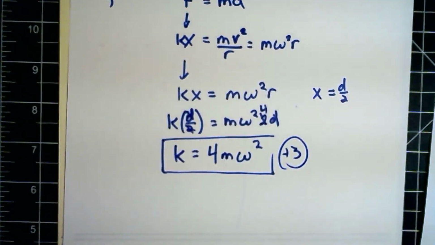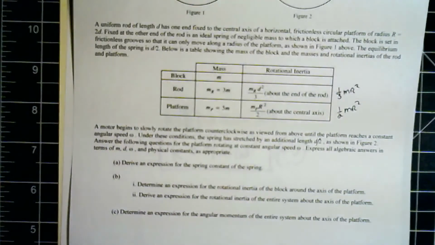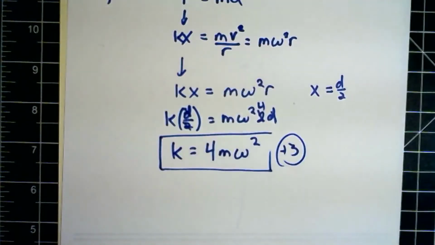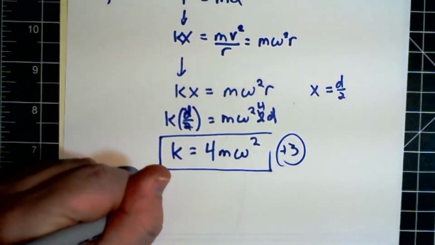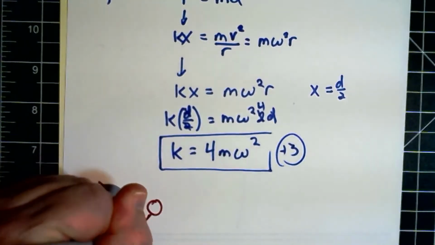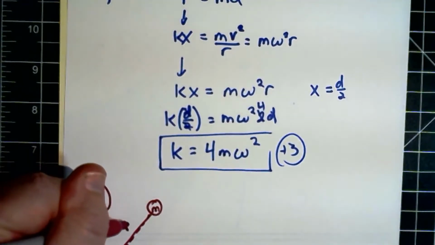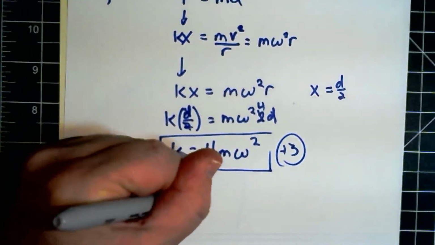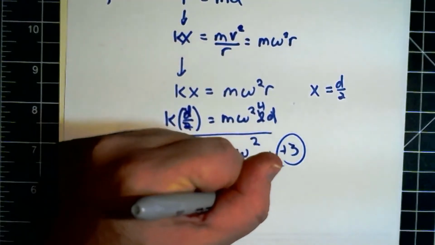All right, question B, the first part, says determine an expression for the rotational inertia of the block around the axis of the platform. Well, that's pretty simple. If you have any kind of an object at an extended distance and you're treating it as a single point mass, such as a ball on a string or a satellite going around a planet, and it has a mass at a radius of r, the rotational inertia is just m r squared.